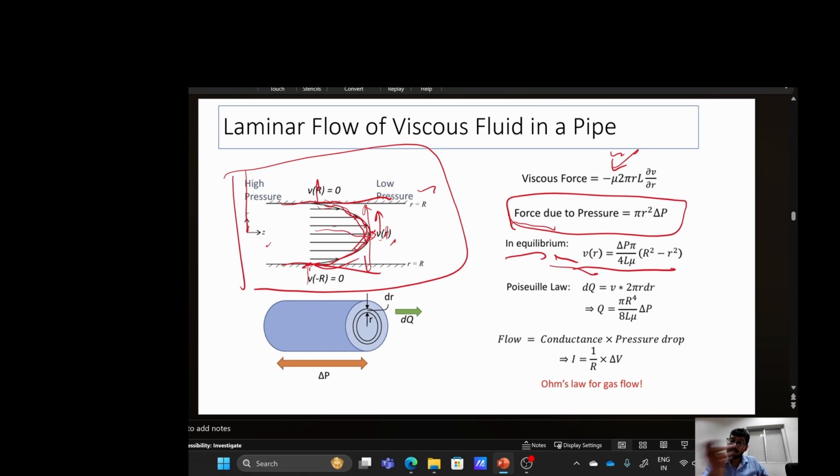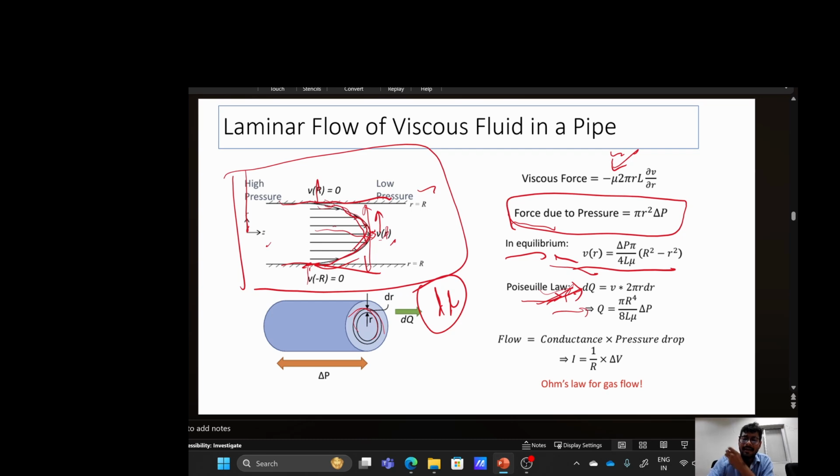We can calculate the mass flow by integrating over this area. This is the total mass flow through a ring with dr thickness, and dq is the mass flow. Poiseuille's law gives you the mass flow.